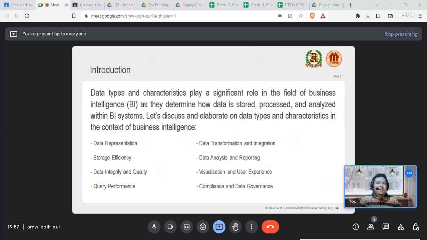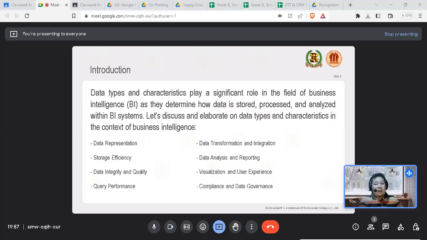Business intelligence systems work with a variety of data types such as integers, floats, strings, booleans, dates, and many more. Each data type has specific properties, such as range, precision, and format, which affect how data is stored and interpreted.